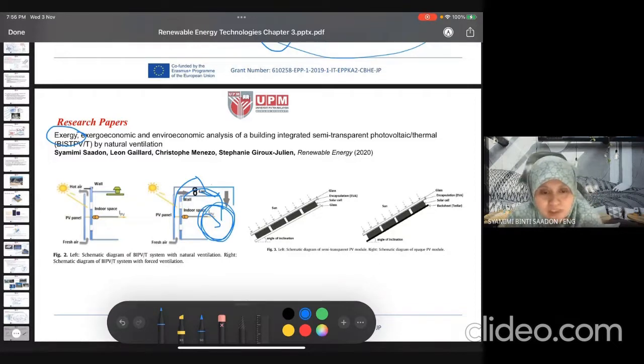Of course, with natural ventilation, since we use only a natural source, we don't need extra effort, extra auxiliary electrical power. But of course it is quite slow because it depends on nature. By using a forced ventilation fan, we force the ventilation process.